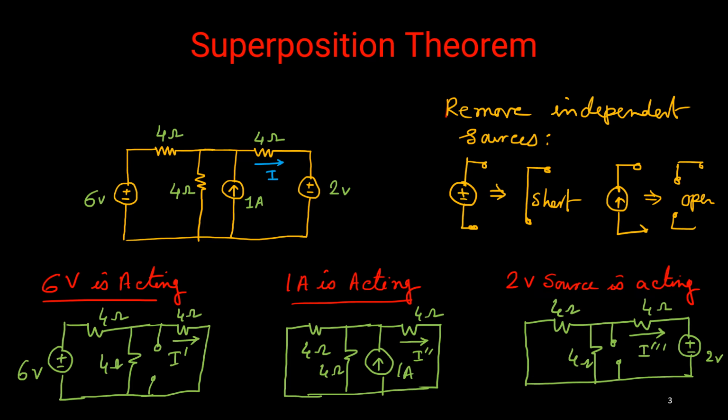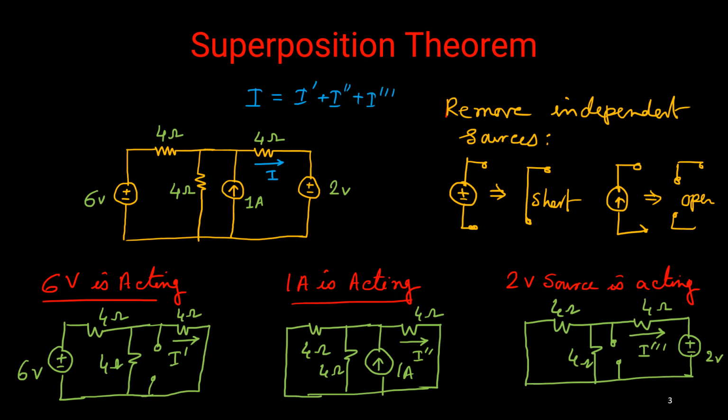So the total current I, this capital I, would be the algebraic summation of all these currents. I have considered the same direction. So now I'll add only I prime, I double prime, and I triple prime.